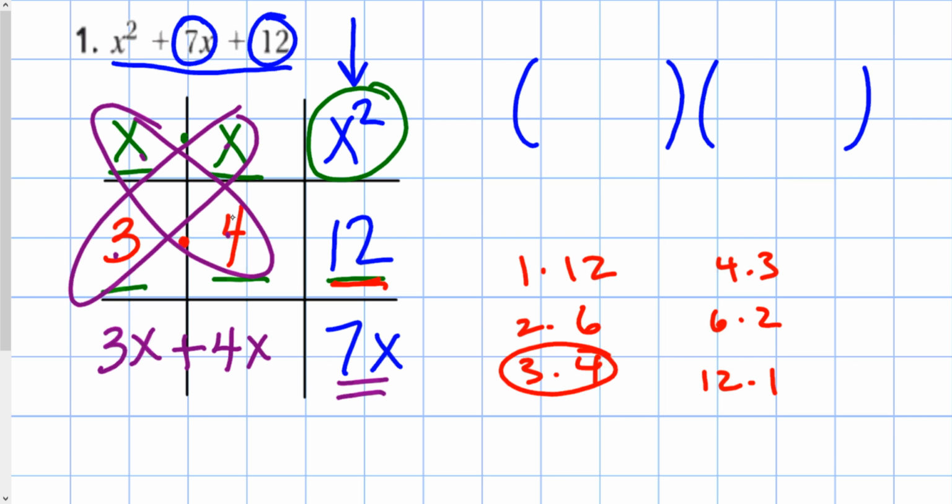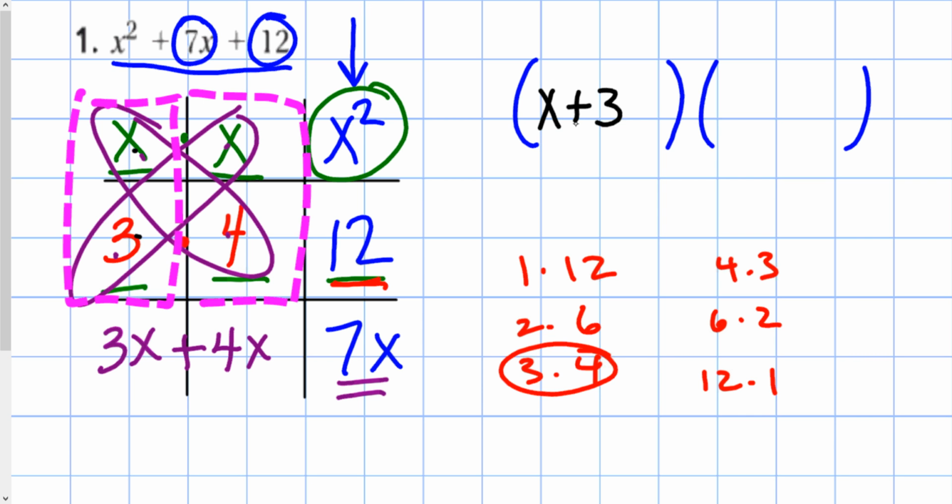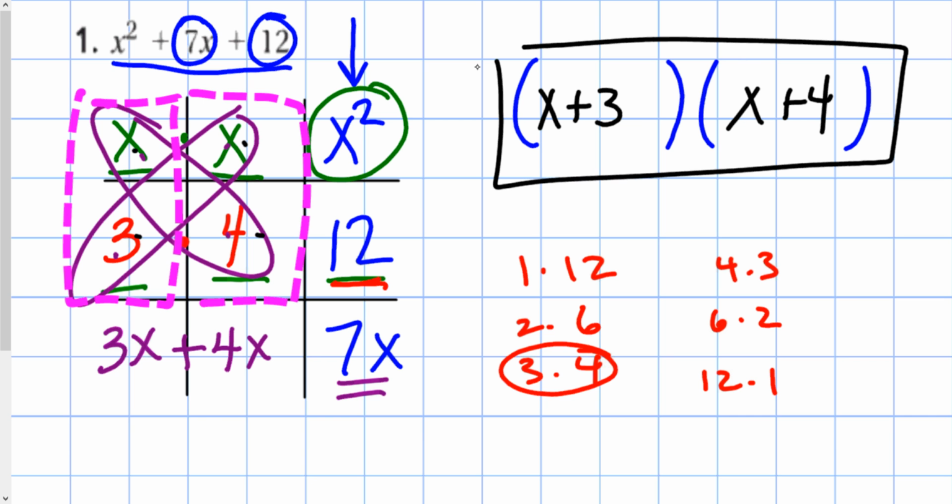So everything in this table works, and now the answer is just the first two columns. The answer is x plus 3 and x plus 4. And so I've taken this trinomial and I've factored it into two binomials.